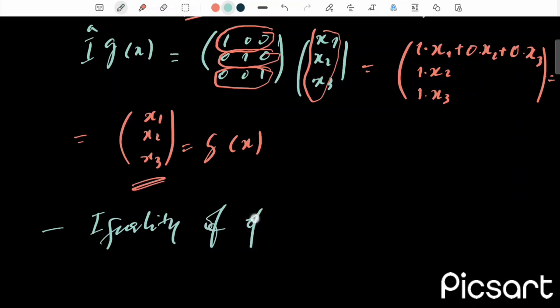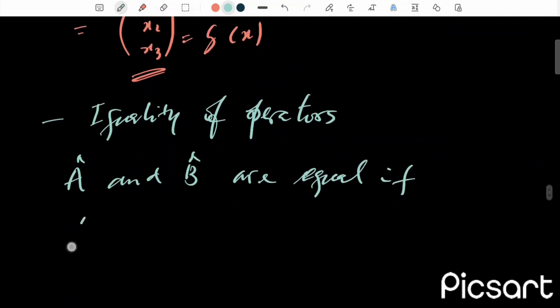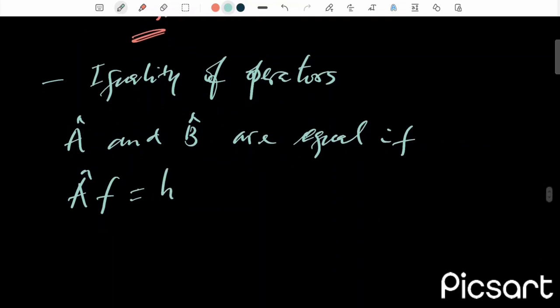Equality of operators. Two operators A and B are equal if A acting on a function f gives us a function h, and also B acting on the same function f gives us the same function h.